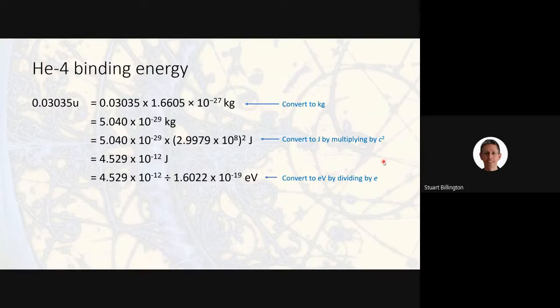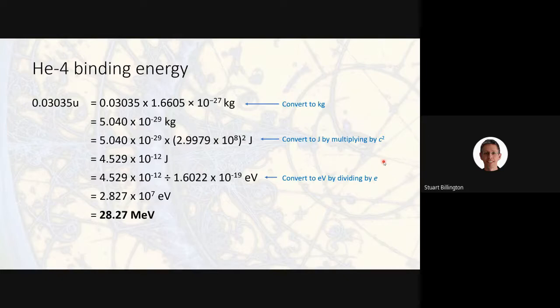Your electron volts should always be a bigger number than joules. So if you'd accidentally multiplied there, you'd have got a number down at 10 to the minus 31, which is the wrong way around. It needs to go up, not down. So if you multiplied and your number goes down, you need to divide instead. So that comes out at around about 28 mega electron volts.